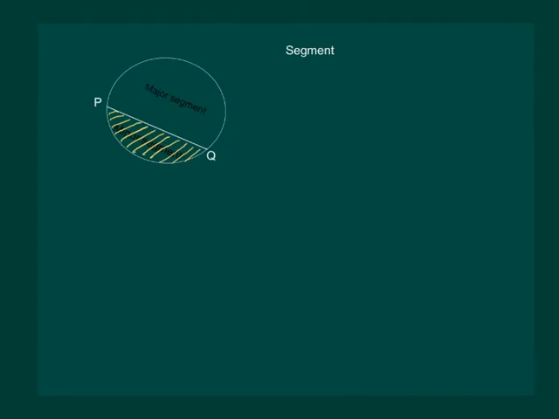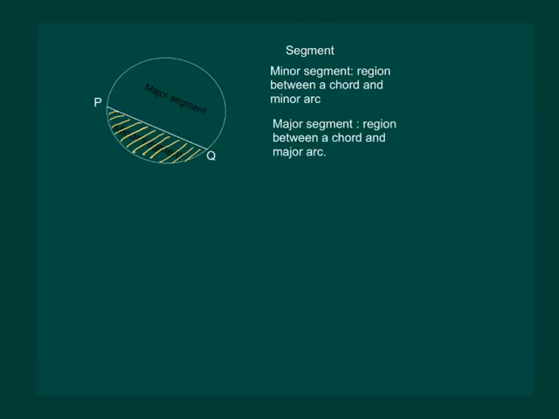Depending on the arc, the segment can be a minor segment or a major segment. We define minor segment as the region between a chord and the minor arc, while major segment is the region between a chord and its major arc.